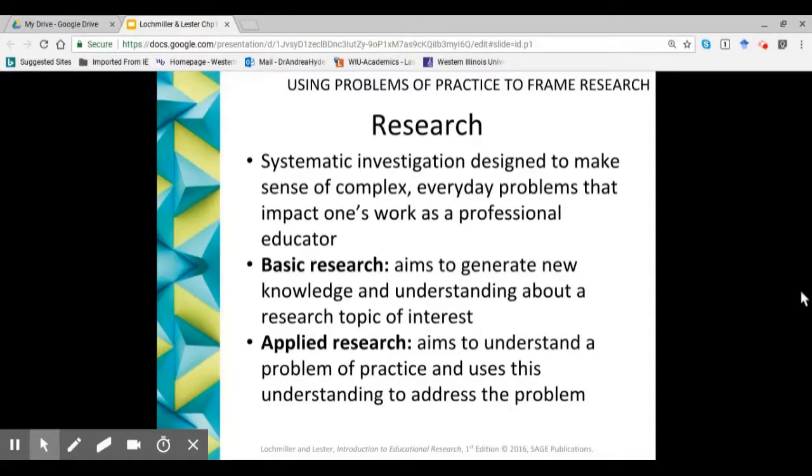Therefore, all educational researchers should be following the scientific method. And maybe that depends on how broad you want to interpret the scientific method.